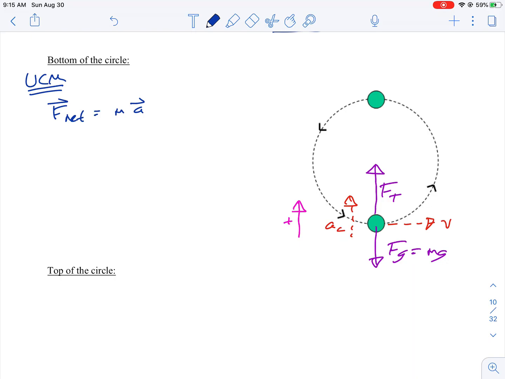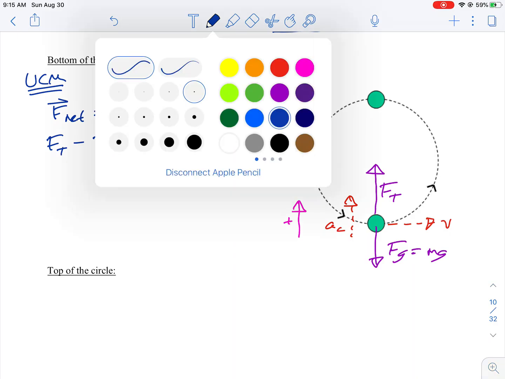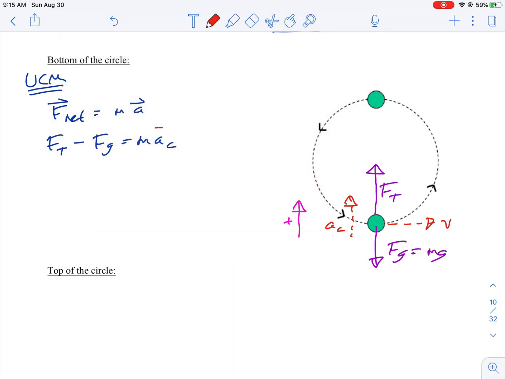F net: Ft is going to be positive, Fg is going to be negative, equal to ma_c. Now we're going to stop here for a second because I want to show you something. This thing called ma_c, don't forget, is also called Fc, the centripetal force.